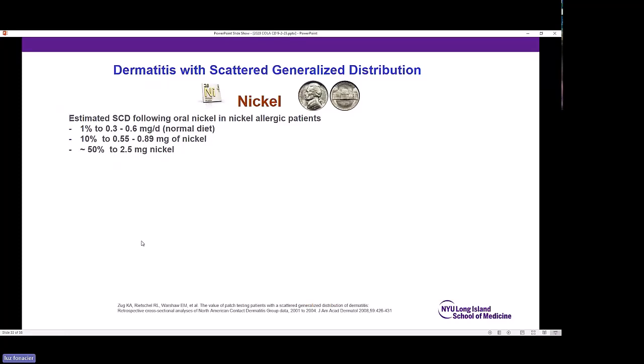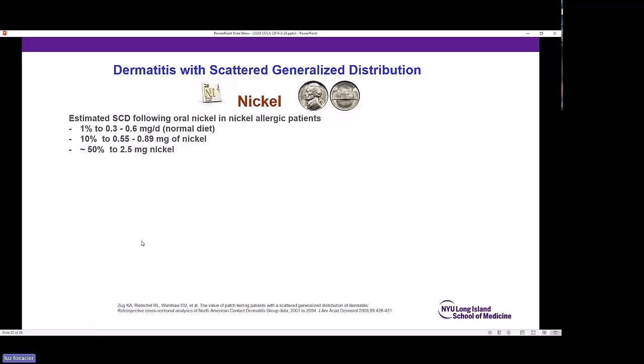Medication. So in nickel, what are the sources of nickel systemically? Well, you have nickel in food, and it's estimated that systemic contact dermatitis following oral nickel in nickel allergic patients, about 0.1% will react to a normal diet, and the normal diet is about 0.3 to 0.6 milligram per day of nickel.